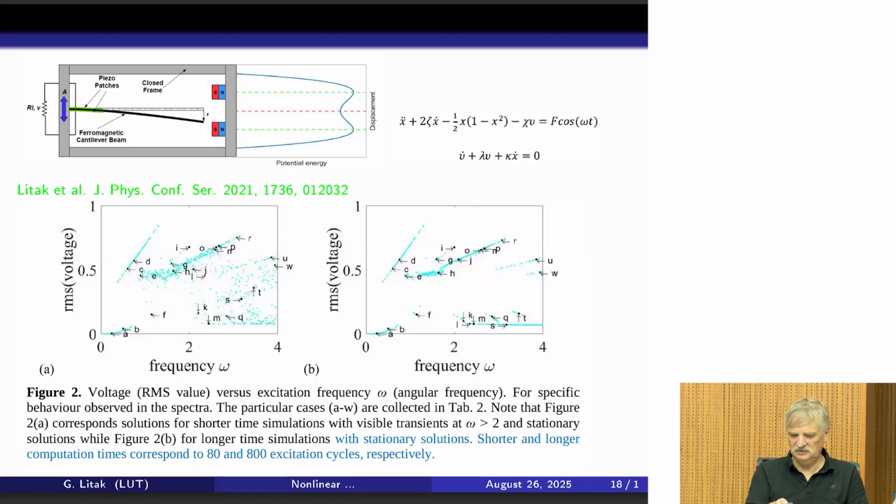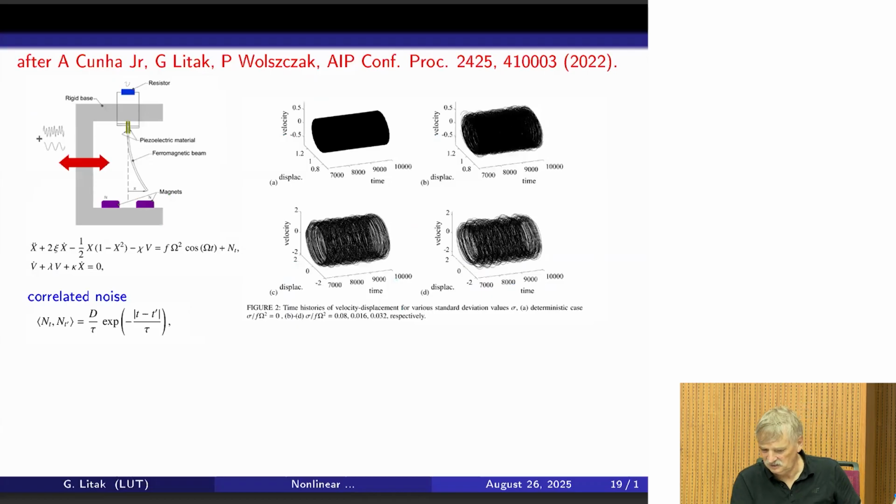And I just want to finish this part with these studies of stochastic subharmonic solutions, but I want to tell that we also studied some switching between solutions. So you see that we start from the solution in the system which was not excited by noise, but we added some noise to the system. This is the same system as studied before.